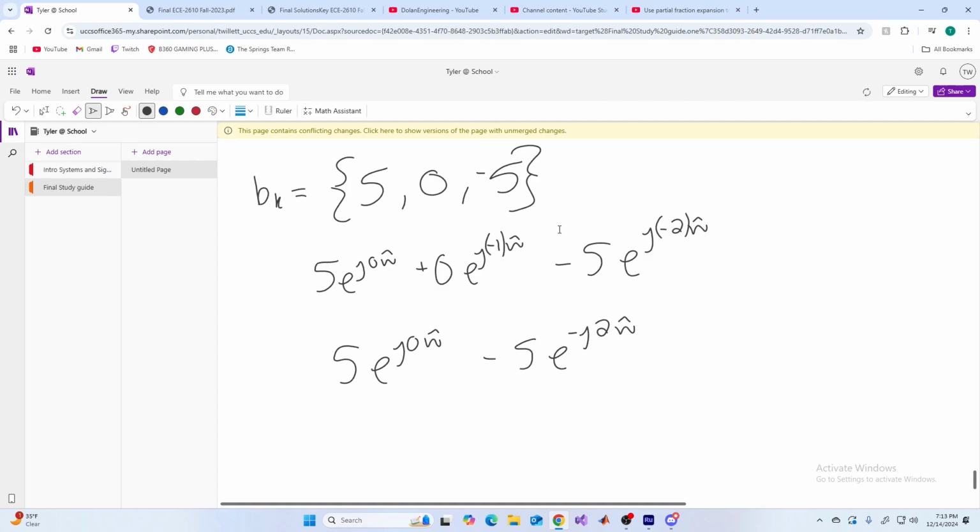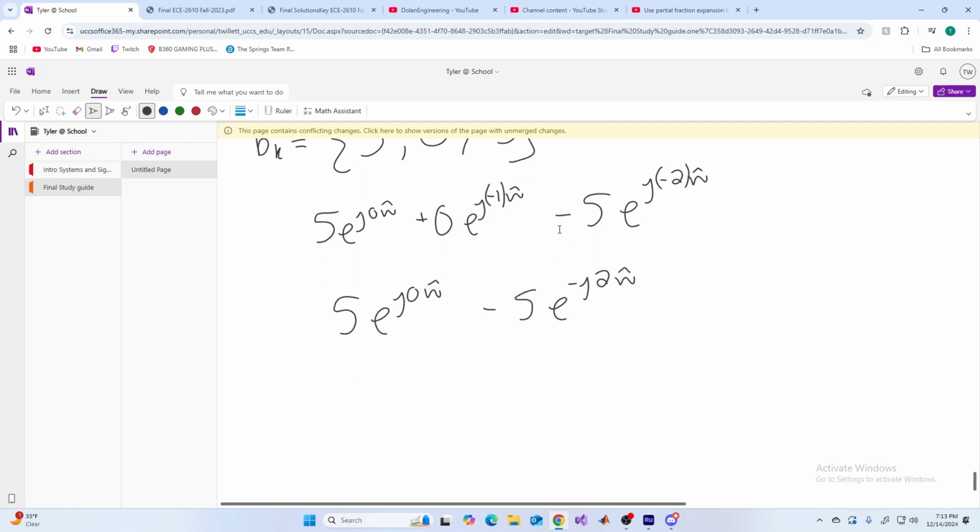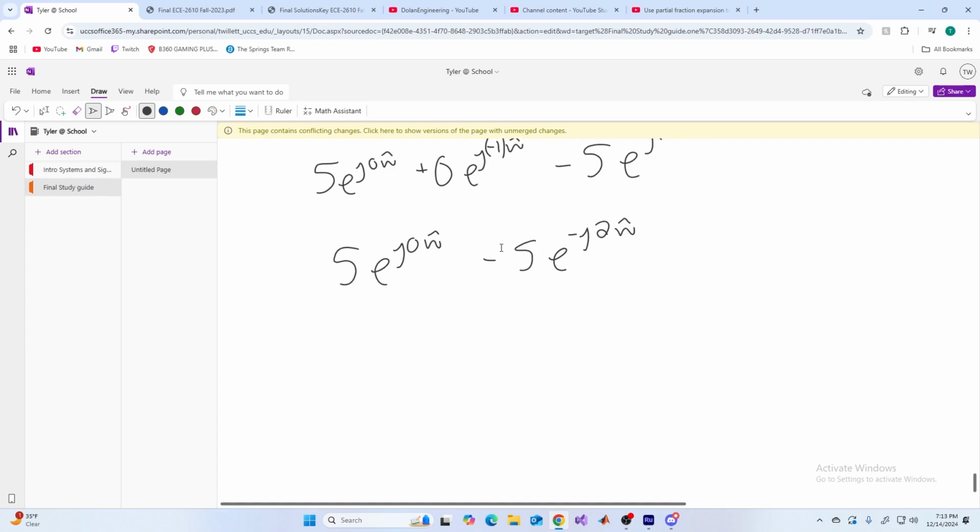I want to put this in sinusoidal form. So the very first thing I will do is pull out a 5, and I'm going to pull out whatever e to the j0 is in the center. So I can pull out a 5 e to the negative j w hat. And I can multiply this, so I will get e to the j w hat minus e to the negative j w hat.